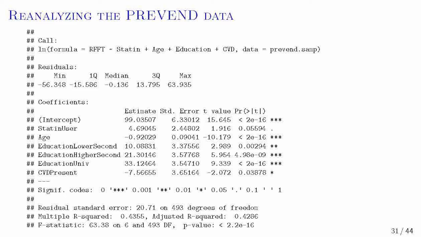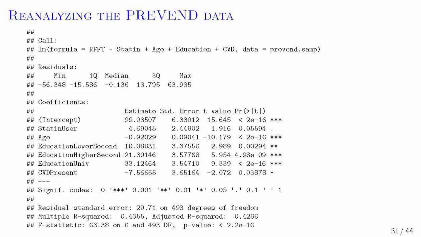Moving down one variable, education higher second. Again, that's 21 points higher than the baseline education level, and it is highly significant at alpha equals 0.001. Education university is 33 points higher than the baseline education, and again, highly significant at the 0.001 level.